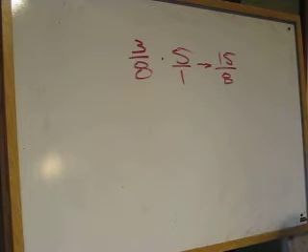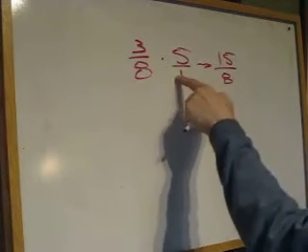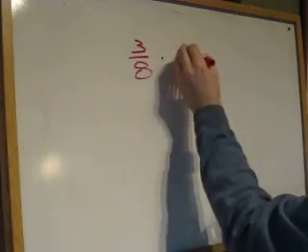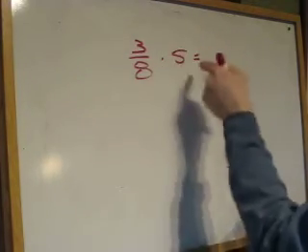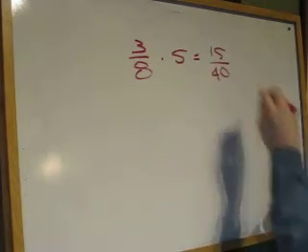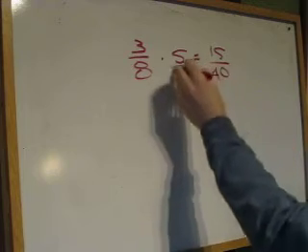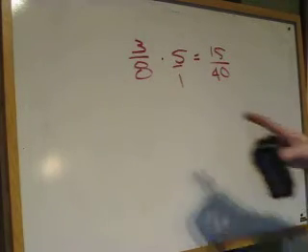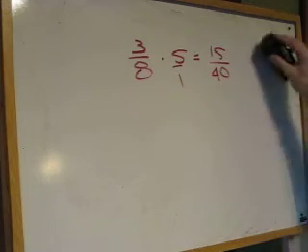What I see happen many times, and this is the reason why I put the 1 here, is students take something like 3/8 times 5 and multiply the 3 times 5 and get 15, and then the 8 times 5 and get 40. That's why I put it over 1, so you know that the 3 is with the 5 only, and then the 8 is with the number on the bottom, in this case the 1. So that's just to keep you from making a simple mistake there.